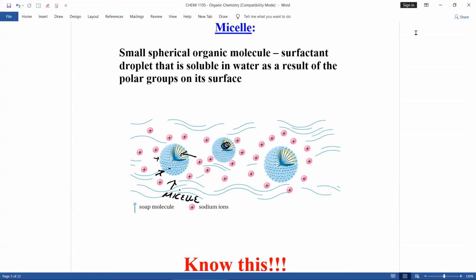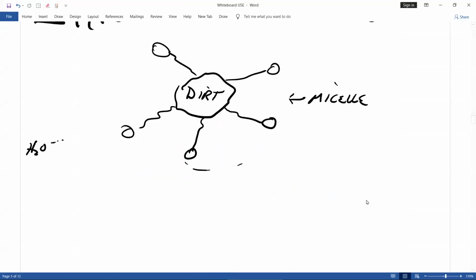Now when water looks at that, it only sees the polar heads. And water looks at this micelle and says, oh, micelle, I'm polar, you're polar, let's go down the drain together. And they do. And now your hand's nice and clean.